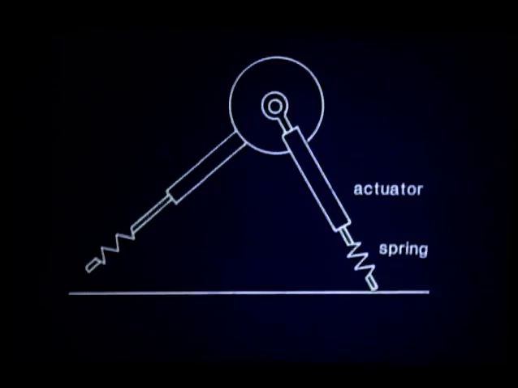We're actually going to have to make it a wee bit more complicated. We're going to have to take account of the mass of the legs, and also we're going to have to take account of the springiness of the legs.